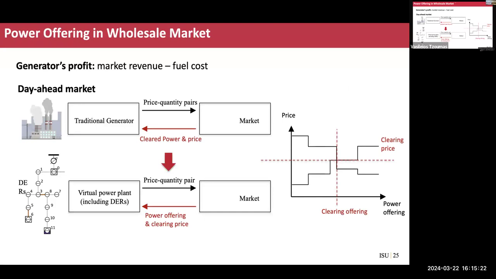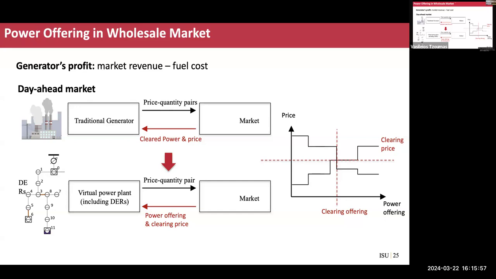So a very simple market clearing structure is as follows. For both the traditional generator and the virtual power plant, we submit price-quantity pairs, right? The power quantity pair that we submit, and this demand curve, this intersection is the cleared price, right?